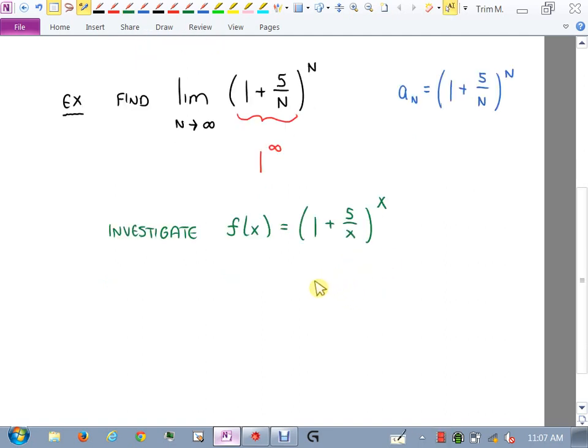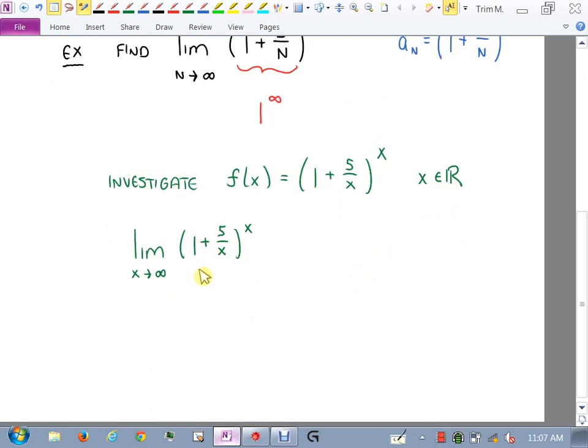If I now come in here and try and evaluate this limit as x approaches infinity of 1 plus 5 over x to the x, and next to this over here, I'll put x is an element of the real numbers. In other words, x is a real number, just to make sure you understand that we're switching from the sequence to the function. Then whatever happens to this, our sequence should do the same thing, all right?